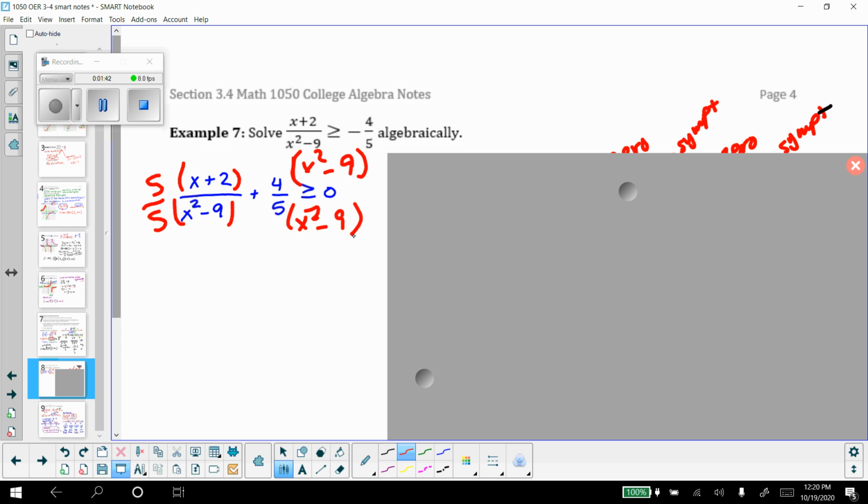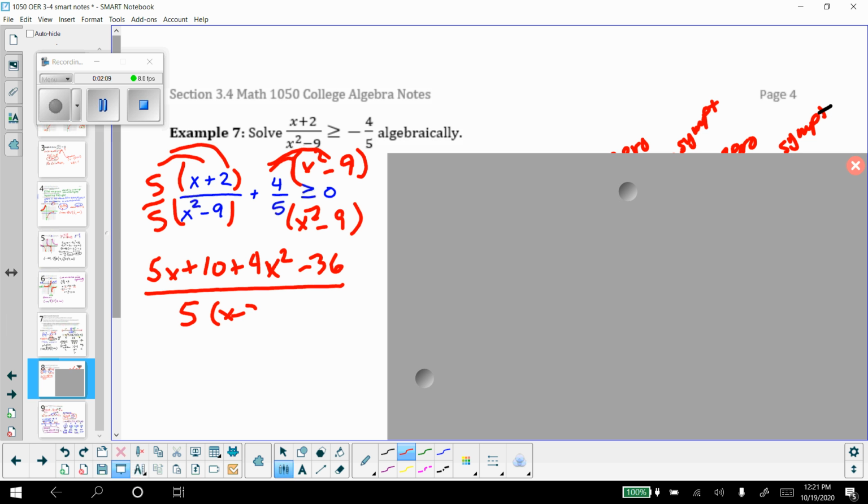Okay, so the numerator is going to end up with 5 times x, 5x, 5 times 2, so 10, and then 4 times x squared, so 4x squared, and 4 times negative 9, so negative 36. And that's going to be over our new big old common denominator, 5 times x squared minus 9.